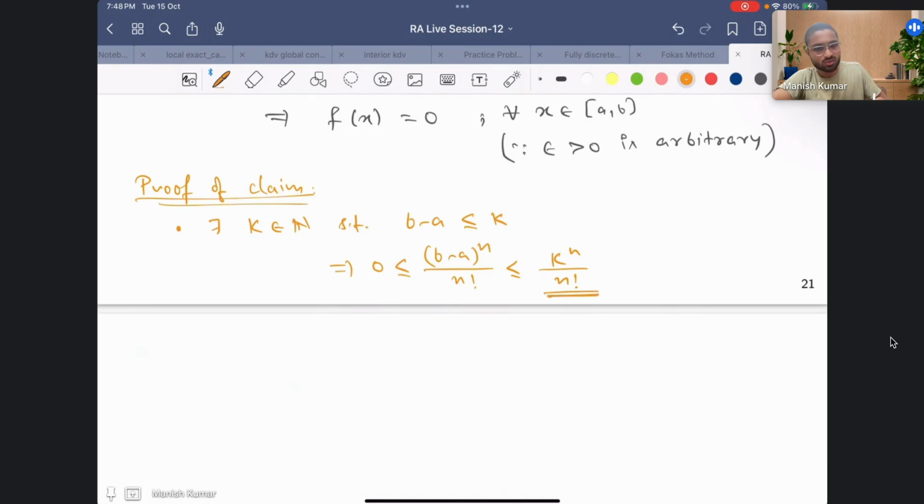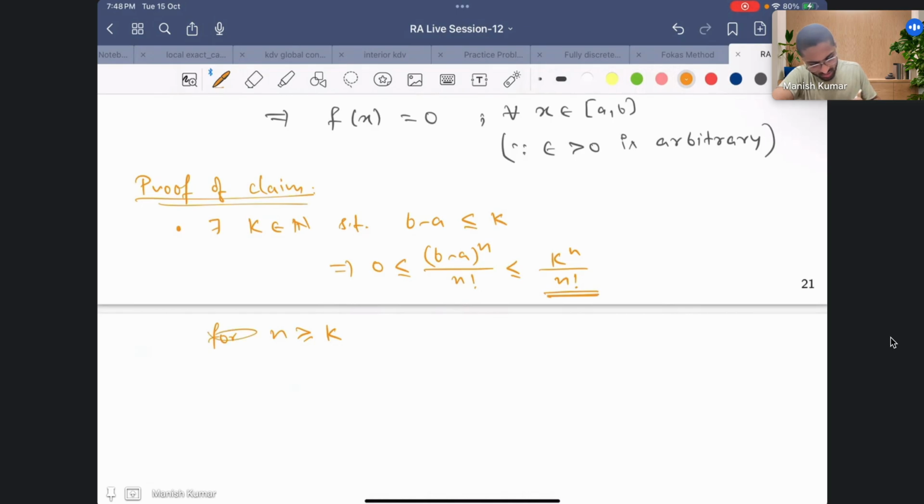So if you notice, if I choose n to be sufficiently large, and in particular if I choose n greater than or equal to, let's say, k, I don't know if I need equal to k or not. Anyway, let me write it this way.